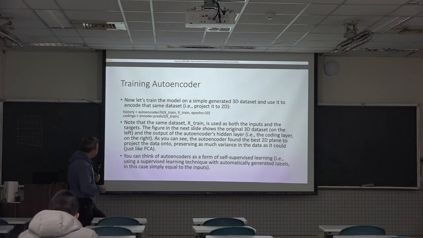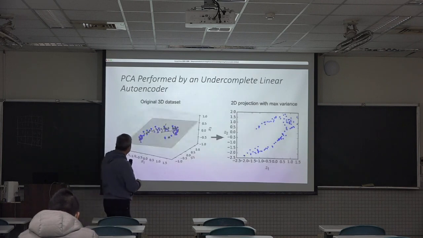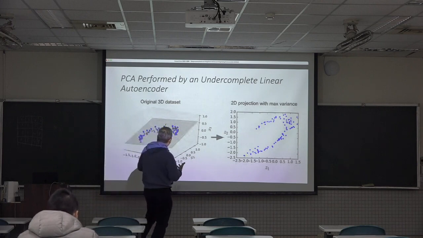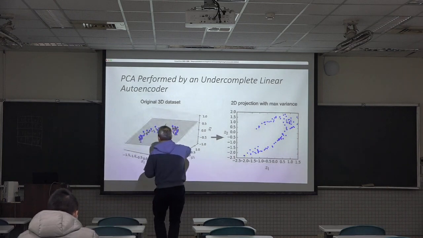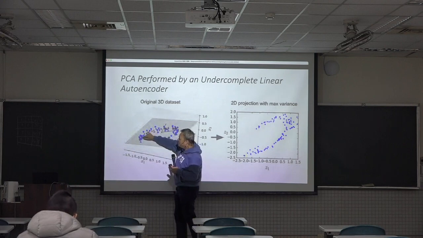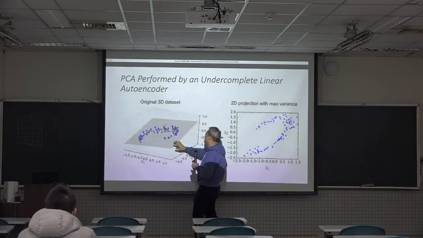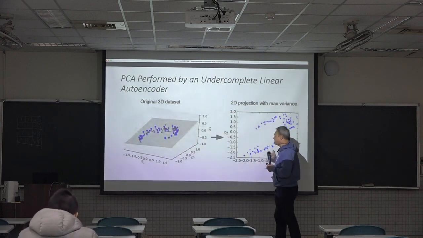So it's going to work something like this. These are points in the 3-dimensional space, and it's going to find a plane with the smallest projection loss, and then project all these points onto this 2-dimensional space, and it's going to become something like this.